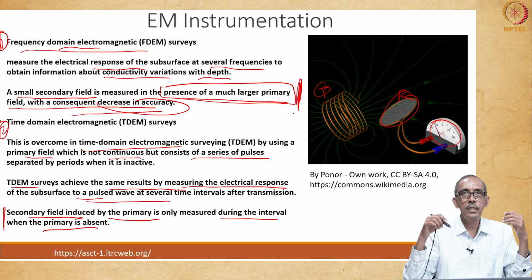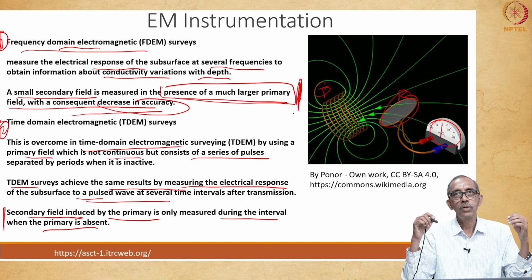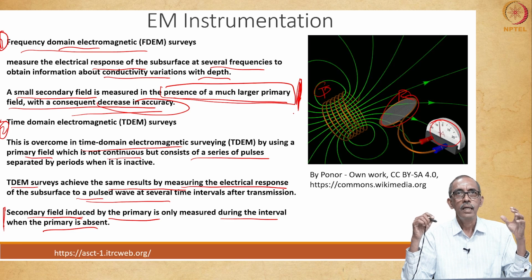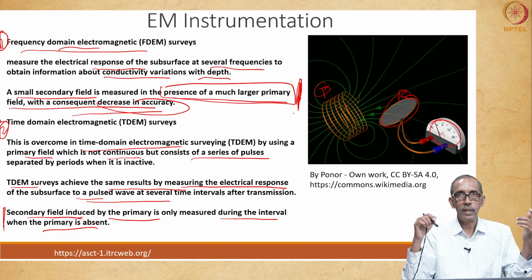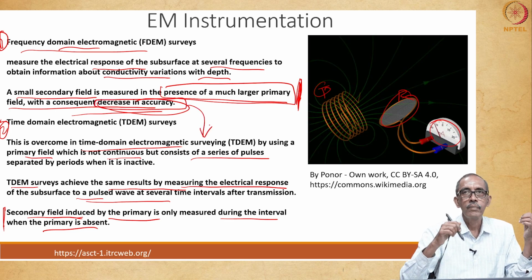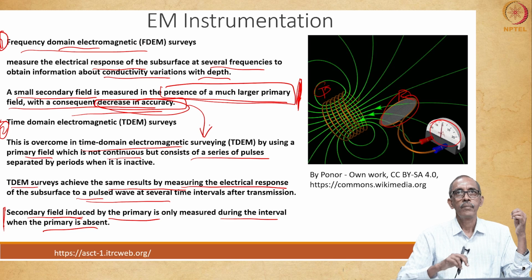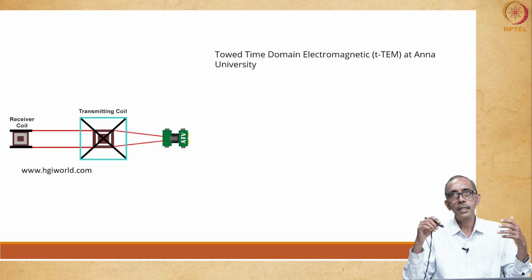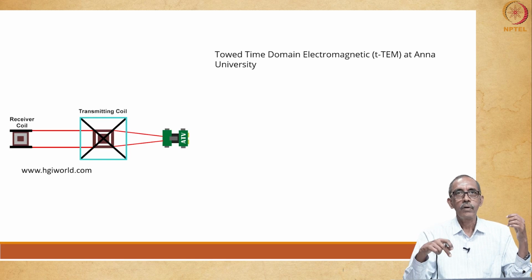In the frequency domain, we are measuring the small secondary field in the presence of the primary field, due to which there can be some marginal decrease in the accuracy, which is overcome by the second method.